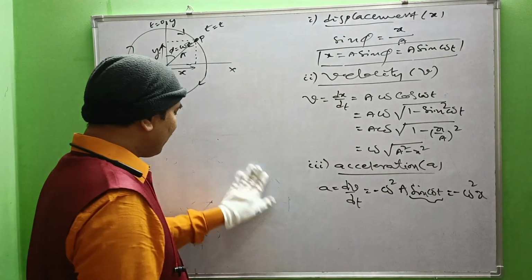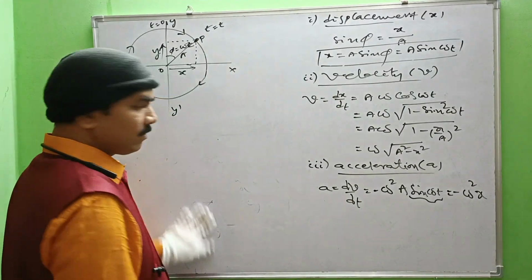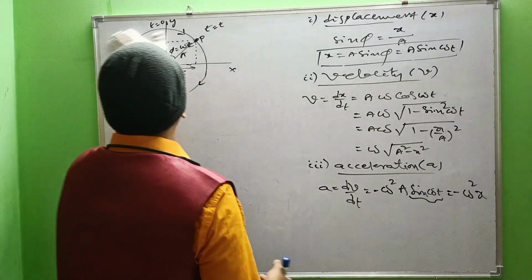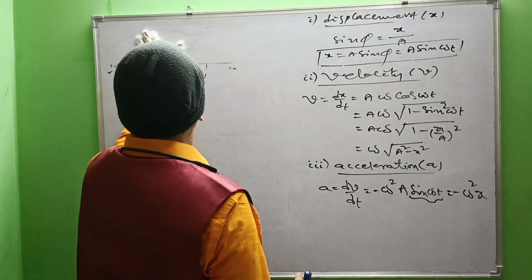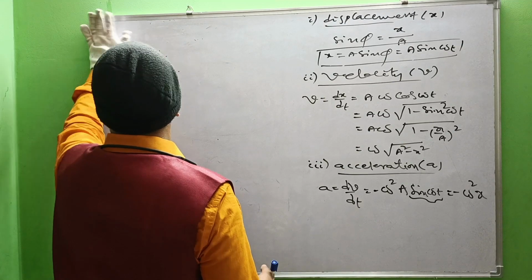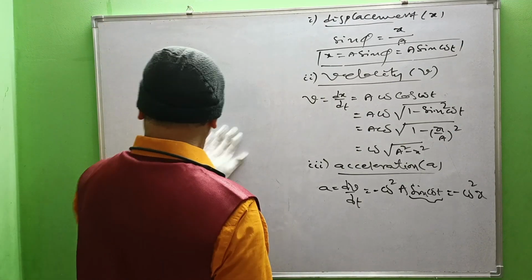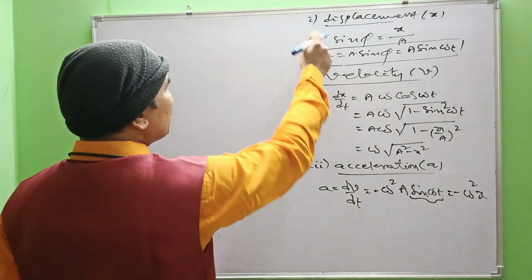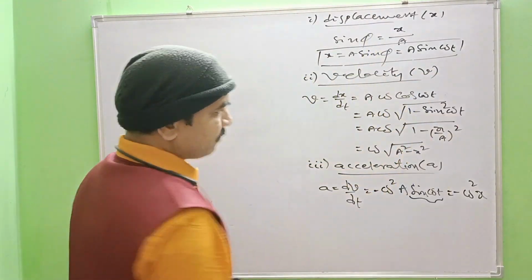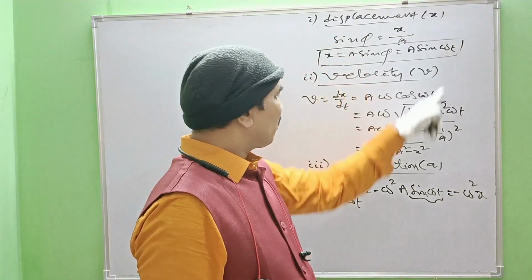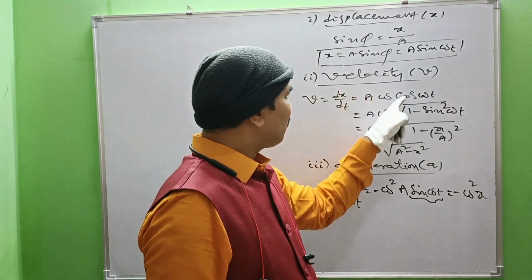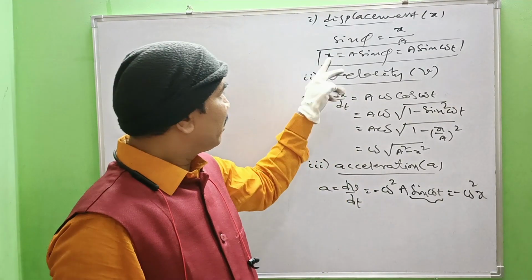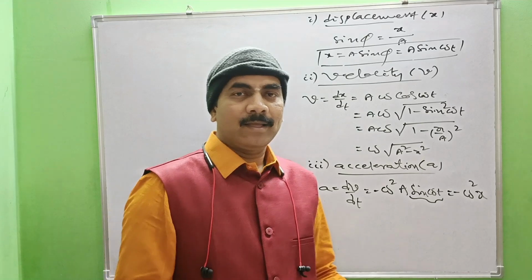Then what is the valid expression for SHM? X equals a sin omega t, right? See how displacement, velocity and acceleration vary with time. We have to consider sine or cosine functions if we want to express the variation of x, v and a with time.